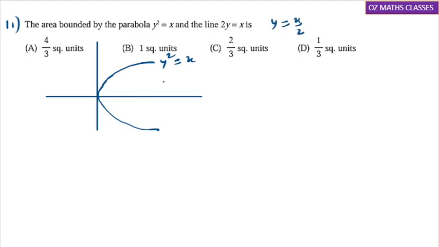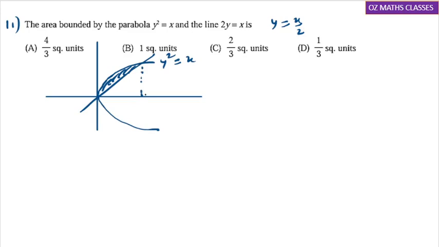So here the slope is less. So we have to find this area. We need the points of intersection for the x coordinate. Again, the area between the two regions is the area of the upper region minus the area of the lower region.